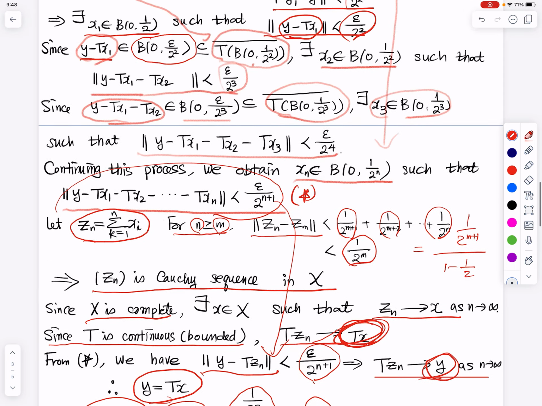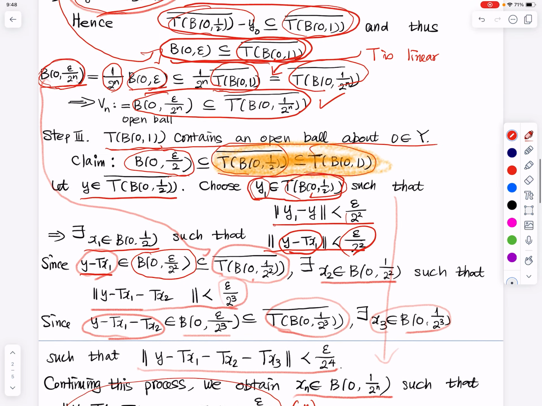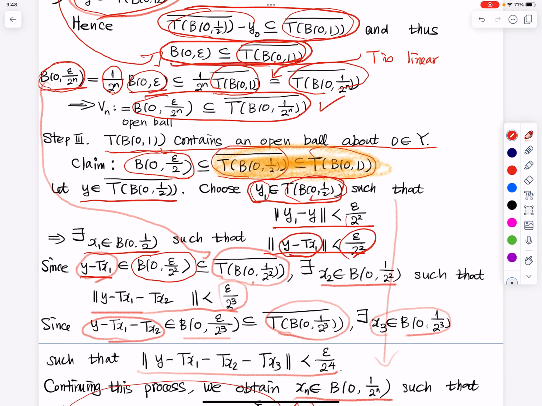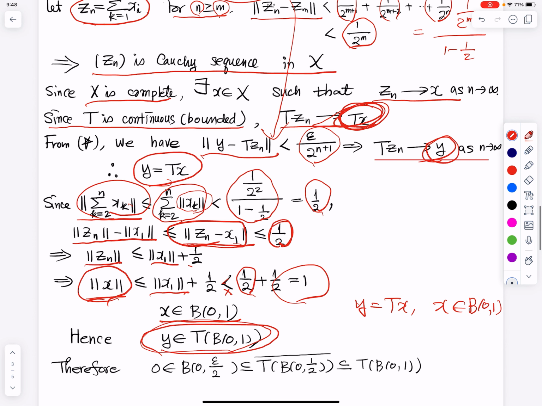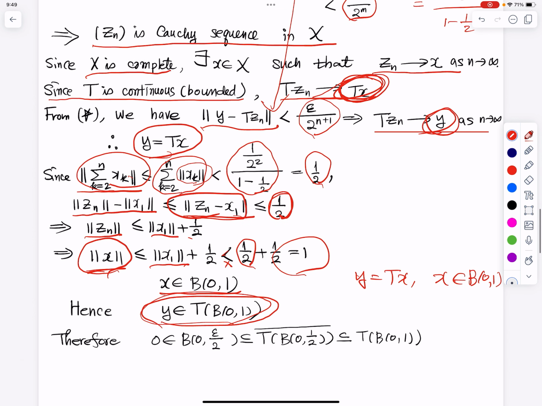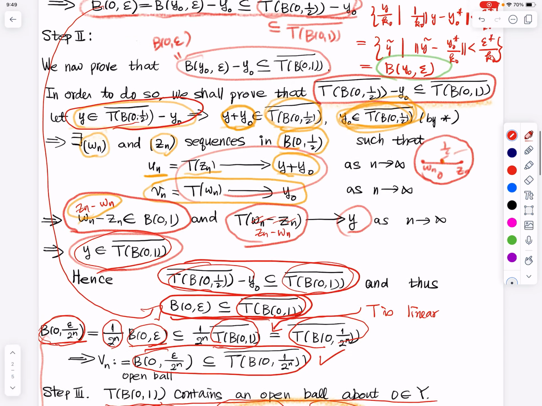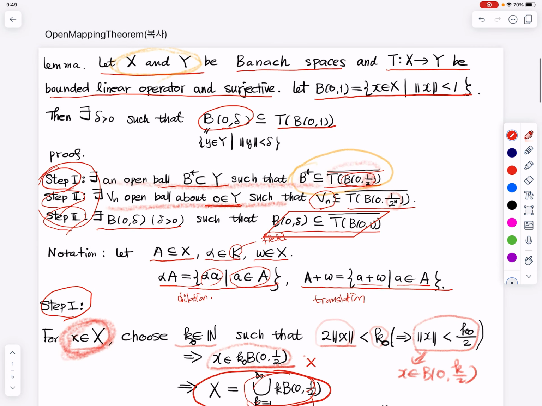So finally, you take any element y in this set, and this y belongs to T(B(0,1)). So we proved this, and that implies T(B(0,1)) contains an open ball. So we have a very long lemma; the proof of this lemma is very long.